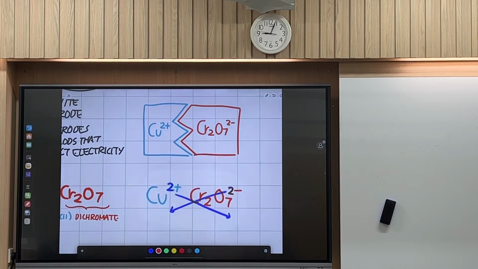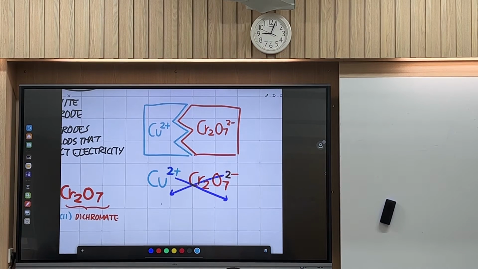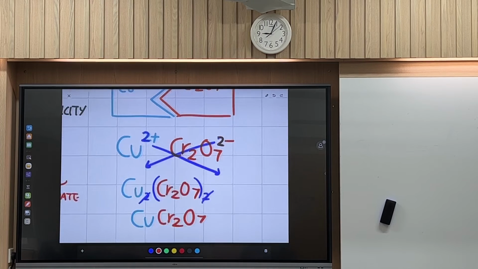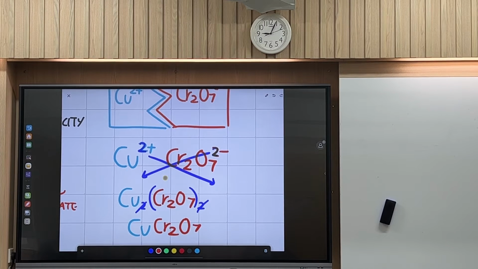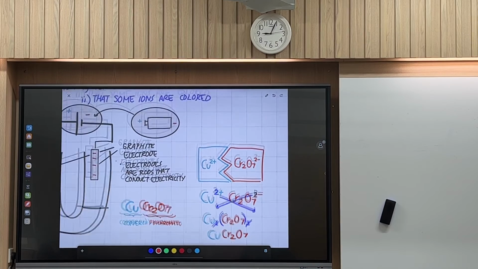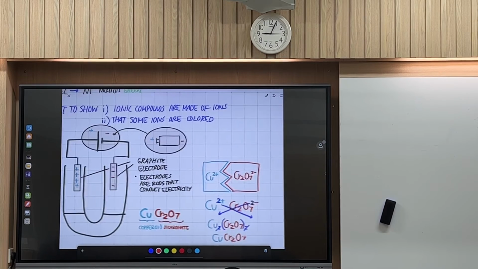Or you can write the numbers at the bottom of each, Cu2, Cr2O7, which simplifies into just CuCr2O7. Do you get how we go from copper ion and dichromate ion all the way to the final compound CuCr2O7?